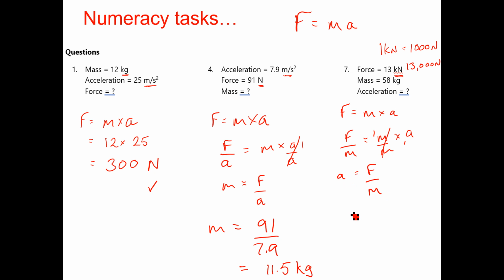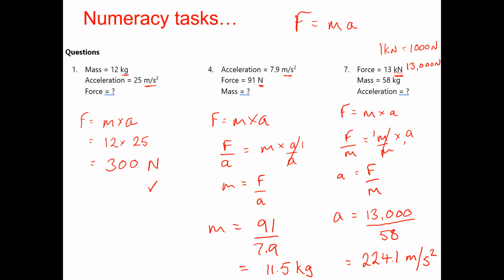The force was 13 kilonewtons, so 13,000 divided by 58 gives us an answer of 224.1. I'll leave it at 1 decimal point. And the units, remember, meters per second squared.